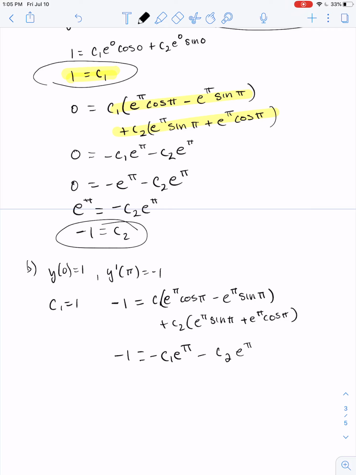All right, so let's see, C1 is 1, so I have -1 equals negative e to the pi minus C2 e to the pi.